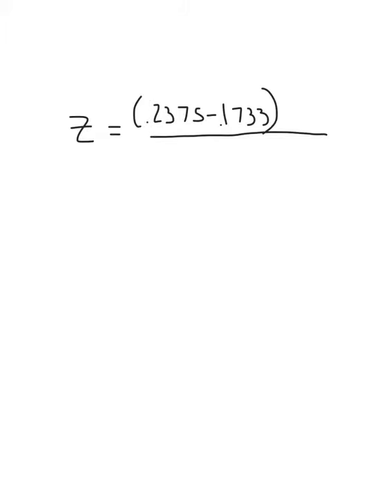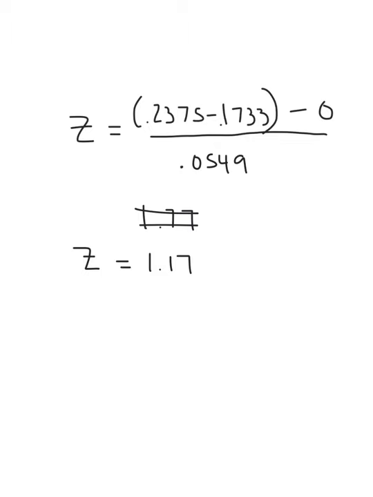Subtract the two proportions minus what we kind of expect them to be if the null hypothesis was true, which would be 0, and then divided by the standard deviation, which was 0.0549. So for this thing, you end up getting 1.7. Oh no, it's 1.17. That's our z-score. So what do we do with that? Well, normal CDF and see what's above that to begin with.